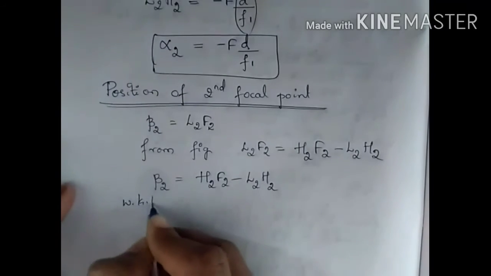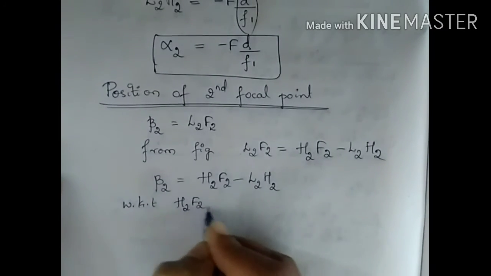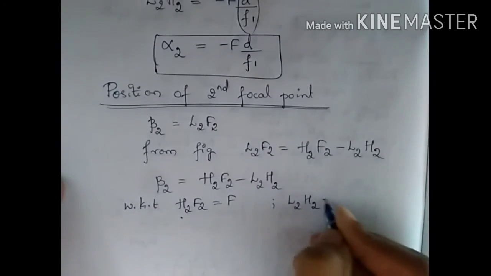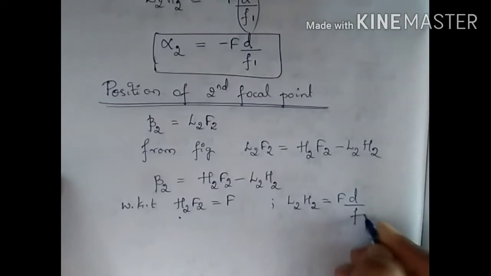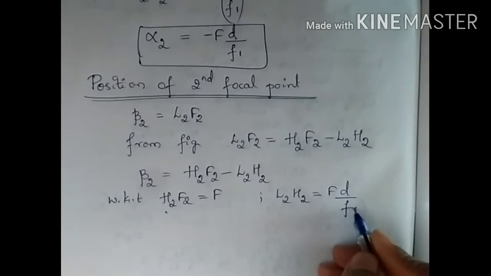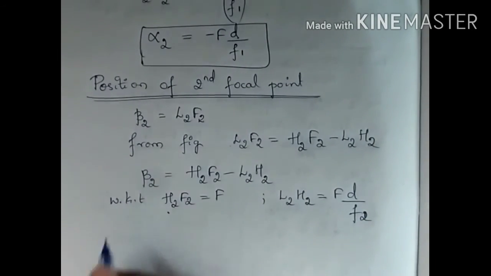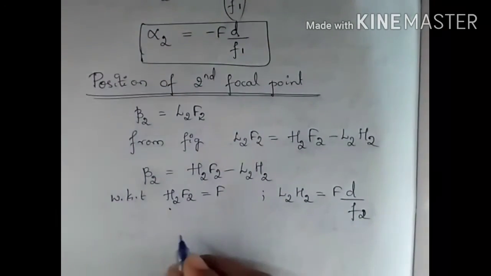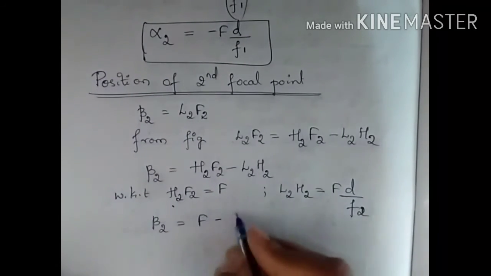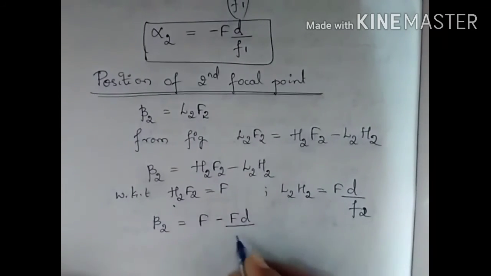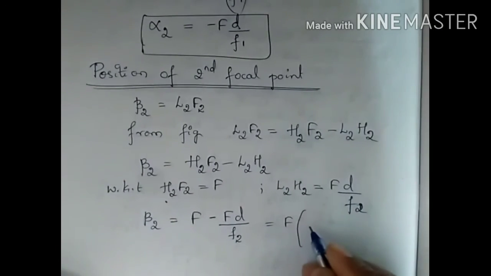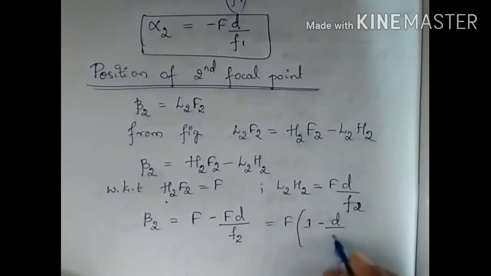So we know that H2F2 is equal to F and L2H2 is equal to F d by f1. Since we are considering the second lens, we can write this as F d by f2. If you substitute this, beta 2 will be F minus F d by f2. If you take F as common, what remains is 1 minus d by f2.